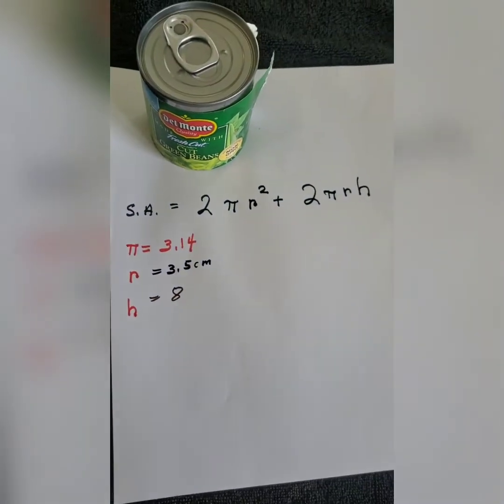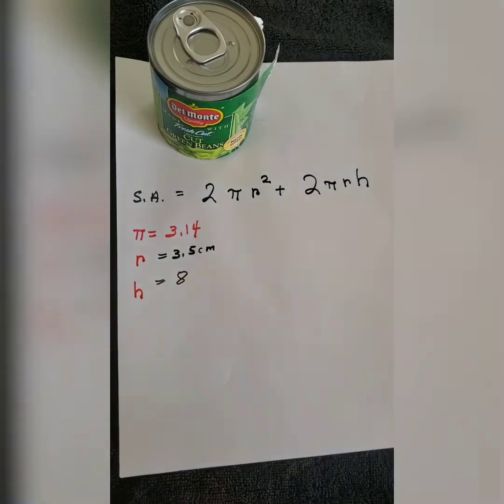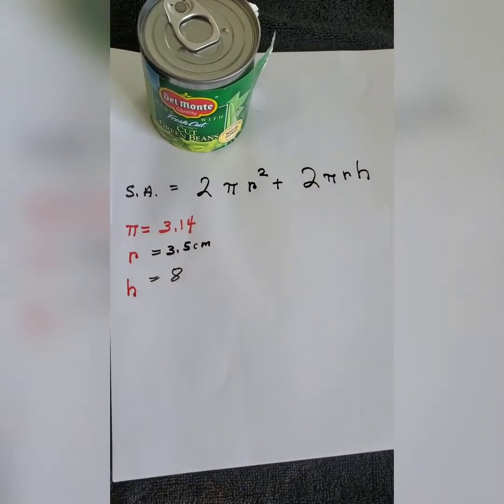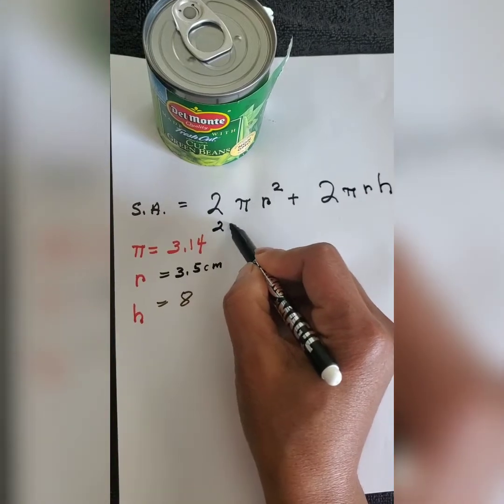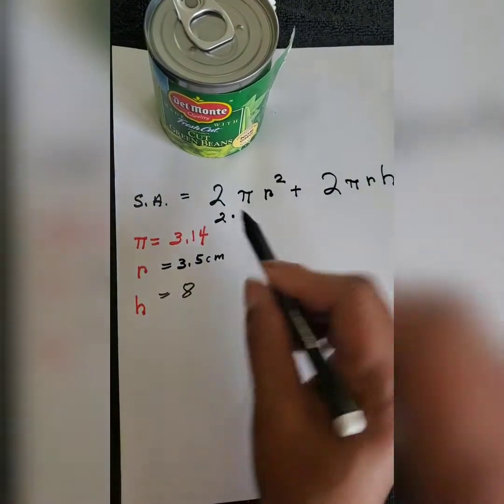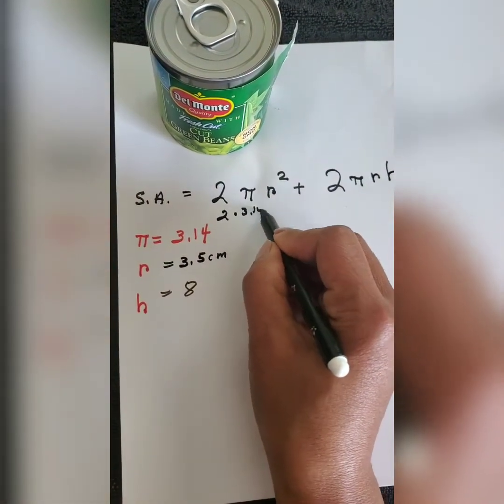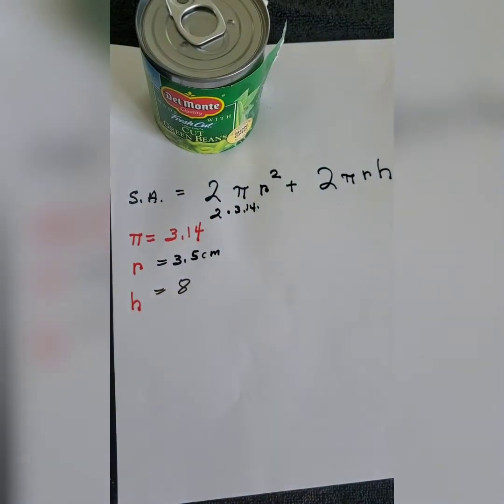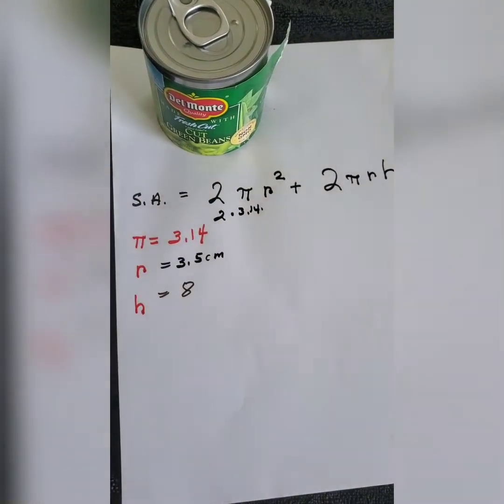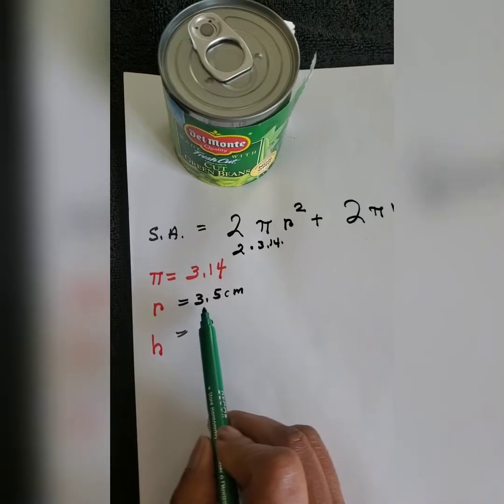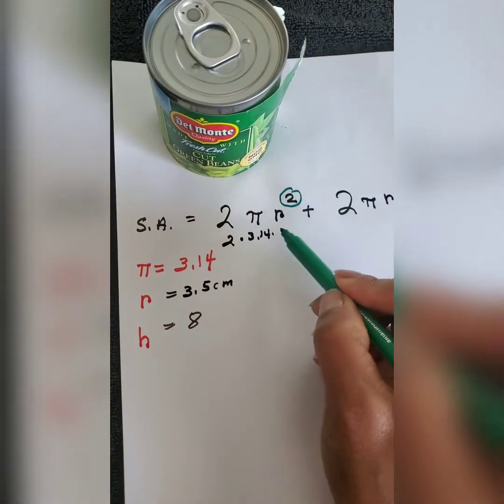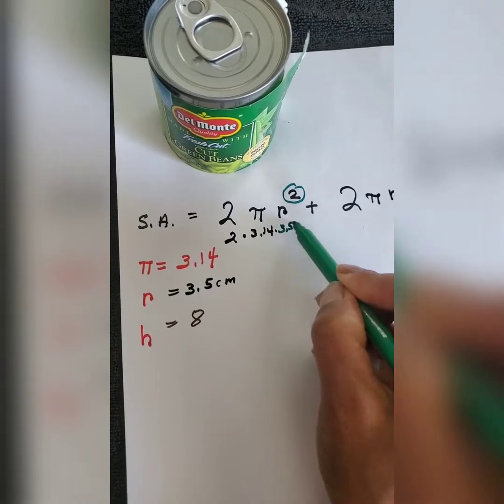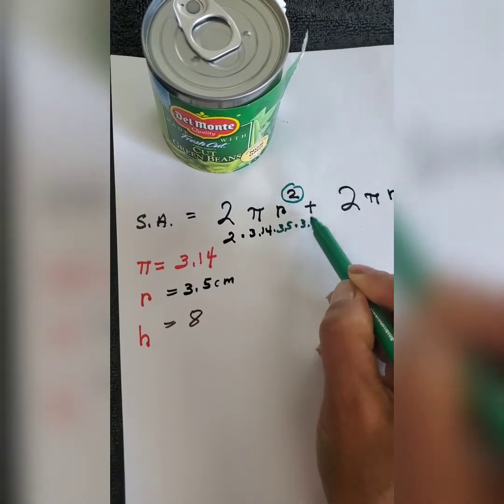Okay? So let's plug it in and see what we get. Then we're going to do the calculations. I have 2 times pi. Pi is 3.14 times r squared. R squared is 3.5 twice. That's what this square means. Times 3.5 times 3.5.